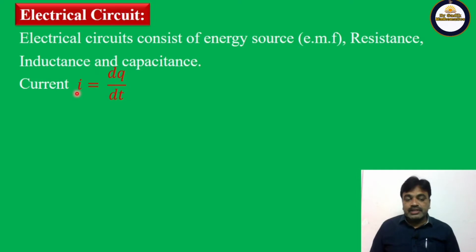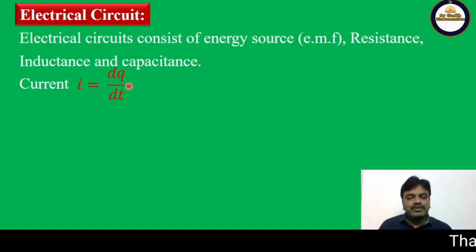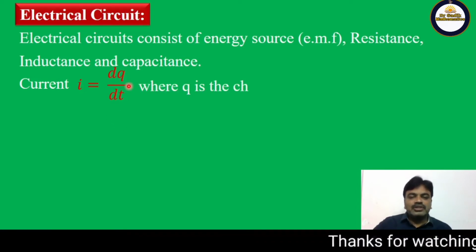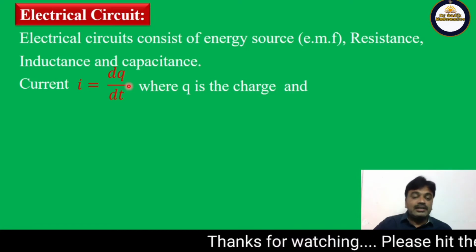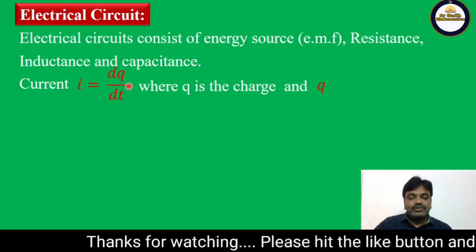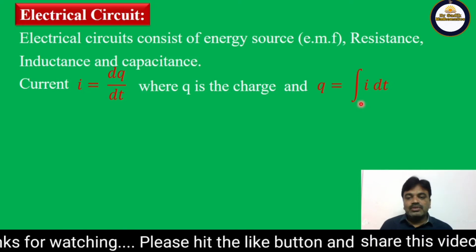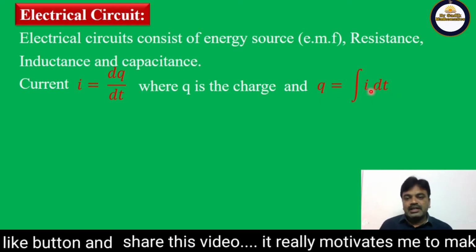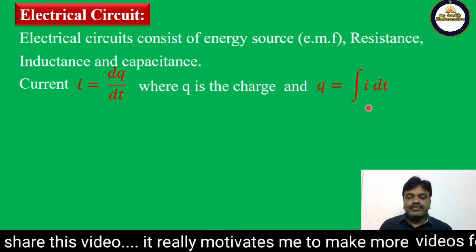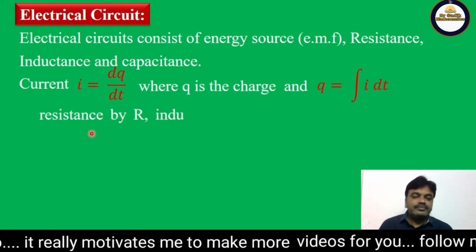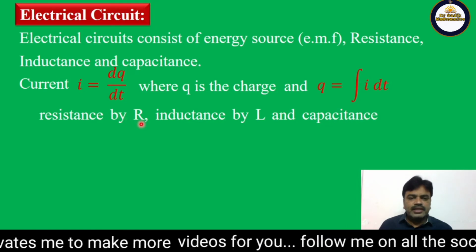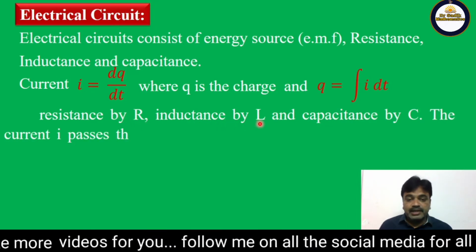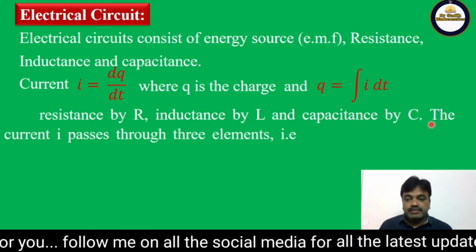What is q? q is the charge, and q = ∫I dt. Resistance is denoted by capital R, inductance by capital L and capacitance by capital C.